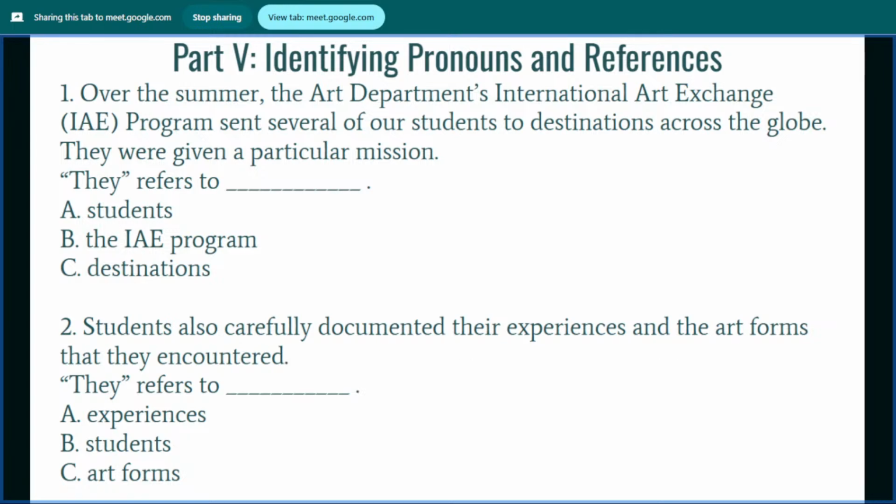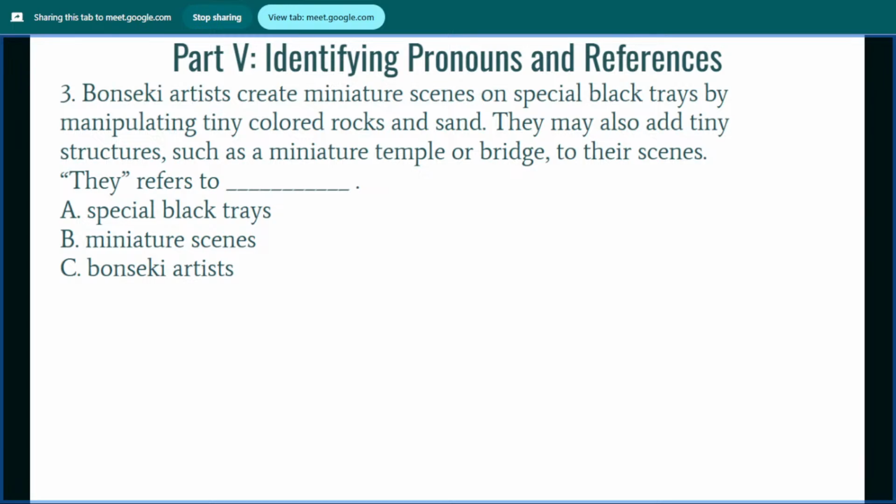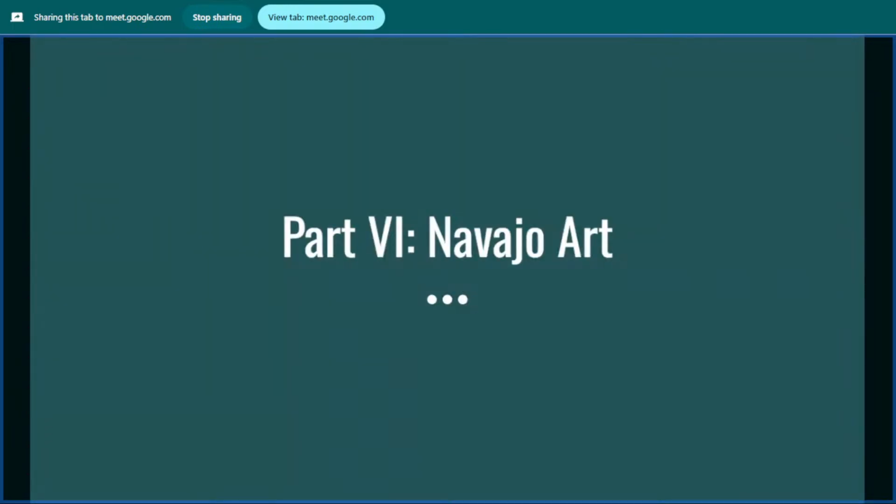Very good. Number two is also students. Very good. Last one is Bonseki artists. Correct. Pranjali, did you get it? Yes, ma'am. Very good. Don't get confused with these kind of questions.